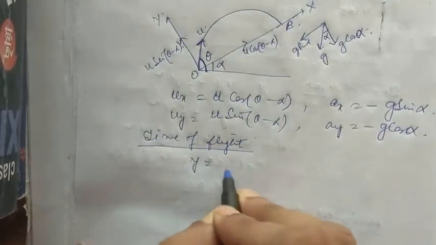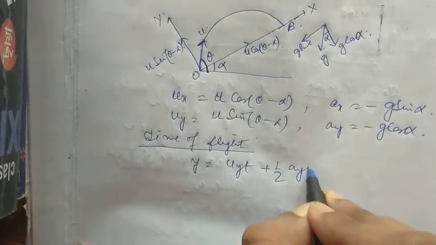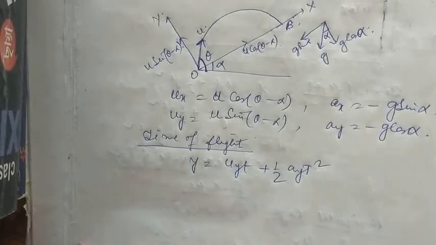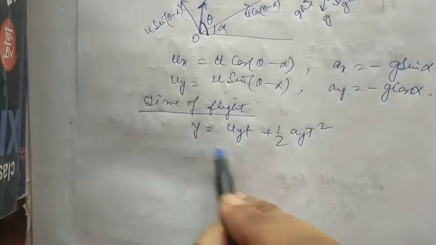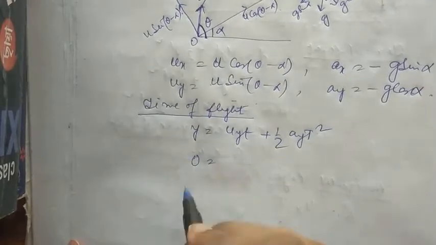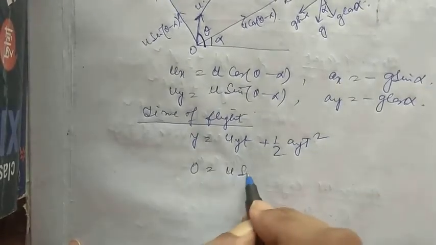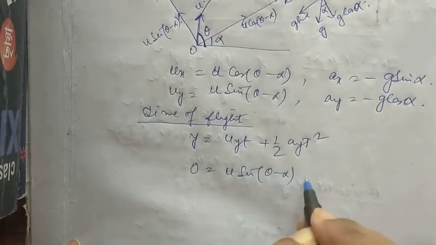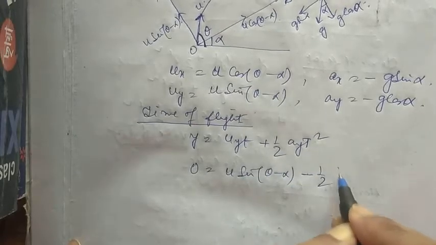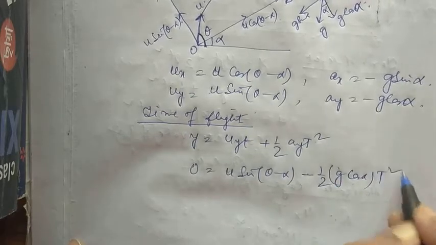In the previous case we applied y equal to uy t plus half ay t square. Now y was 0, so 0 equals u sine theta minus alpha t minus half g cos alpha t square.